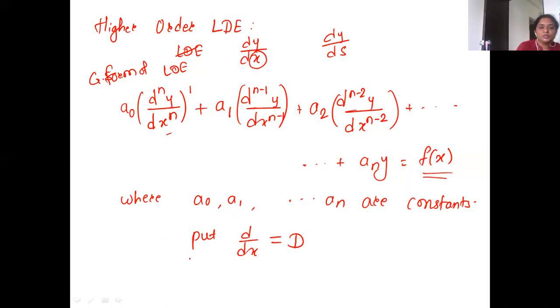Okay, so we are substituting this d by dx in your equation number 1. So this equation becomes a naught, d by dx is now capital D, raised to n, into y. So a naught D raised to n y plus a1, what will be the term here?